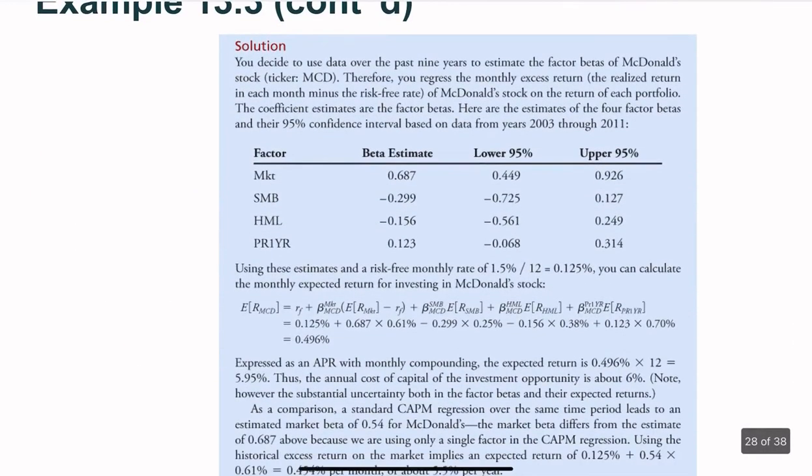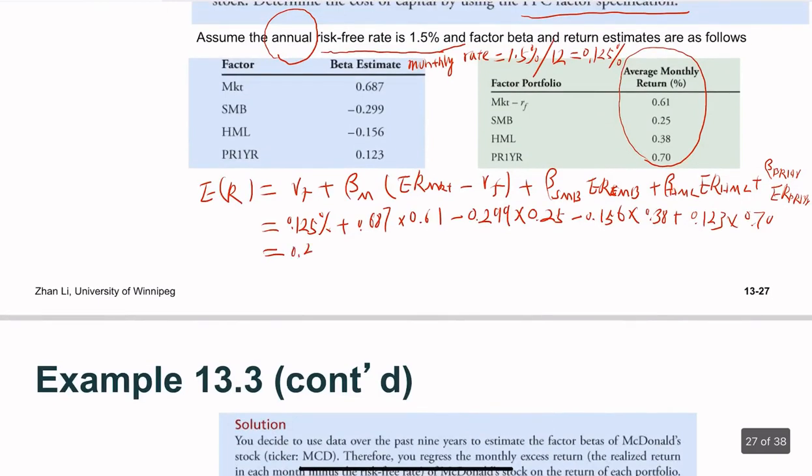So this gives us a result of 0.49%. This is the per month cost of capital.